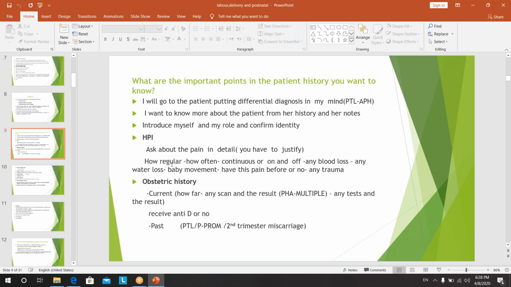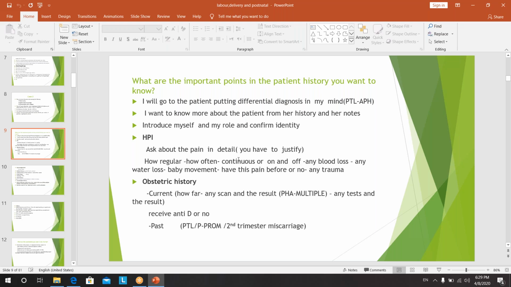Then I will ask about her complaint in detail. Her complaint is bleeding and pain. I will ask about this pain in detail, and you have to justify each thing you tell the examiner. I will ask how regular this pain is, how often, to know whether it is a frequent labor pain or only at one time and finished, whether it is true labor pain or not, continuous pain or on and off.